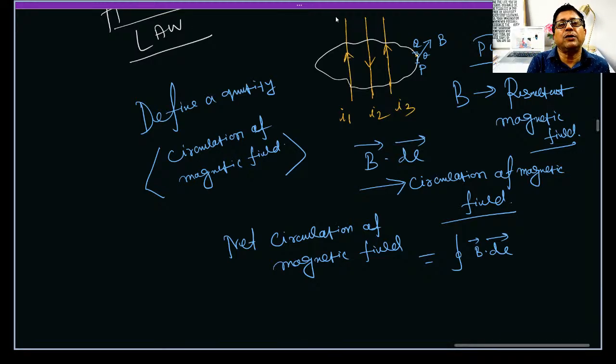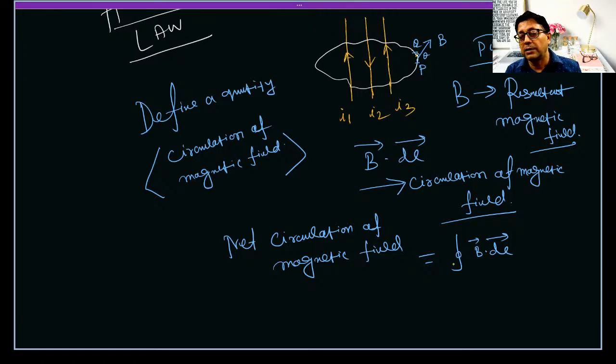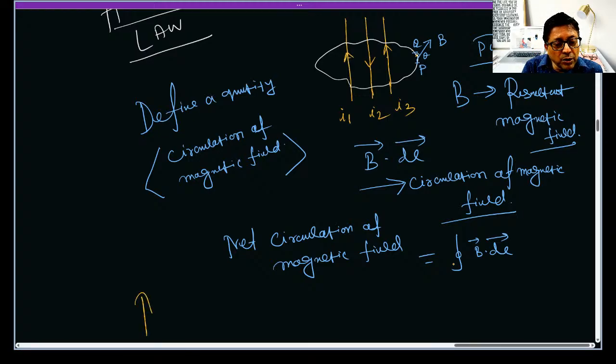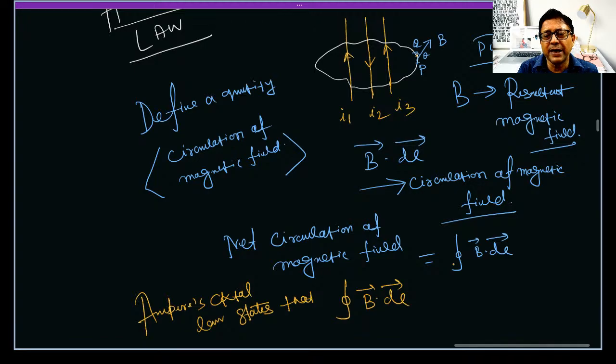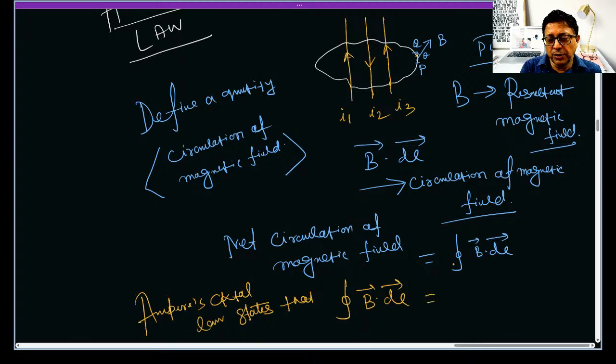Then what is the rule of Ampere's circuital law? You got the net circulation after the definition. Ampere's circuital law states that the net circulation of magnetic field along this imaginary loop is equal to mu 0 times the current enclosed by the loop.